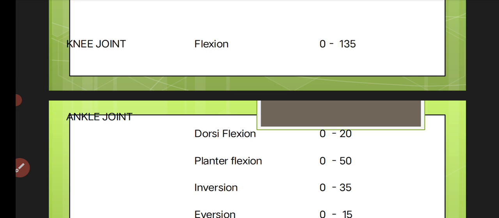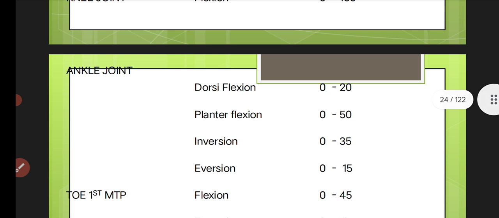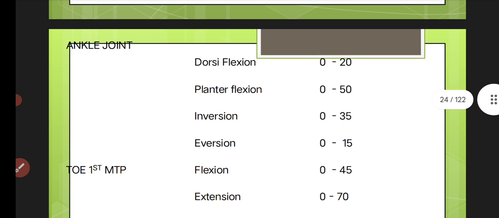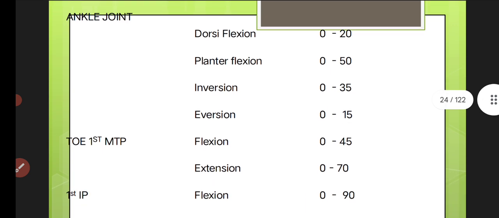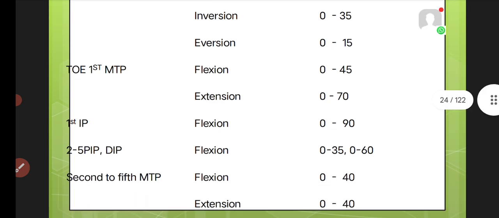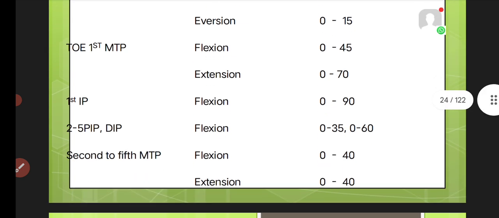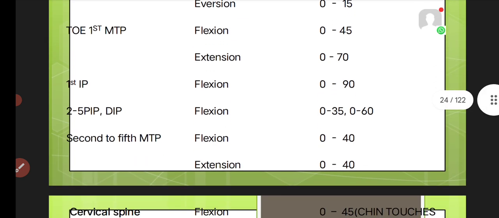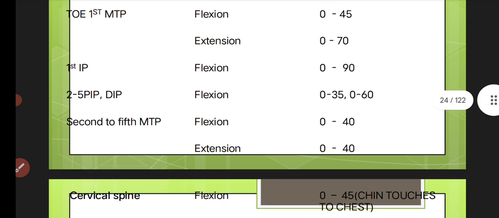Okay, ankle joint dorsiflexion 0 to 20, plantar flexion 0 to 50, inversion 0 to 35, eversion 0 to 15. Toe, first MTP or metatarsophalangeal joint, flexion is 0 to 45 degrees, extension 0 to 70 degrees, first interphalangeal joint flexion is 0 to 90 degrees, flexion of second to fifth PIP and DIP is 0 to 35 and 0 to 60 degrees.